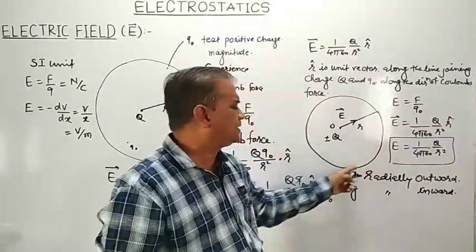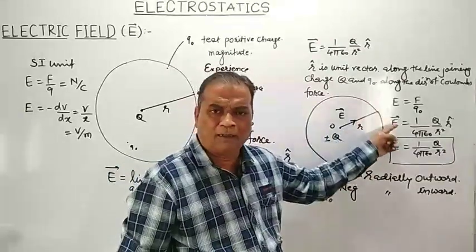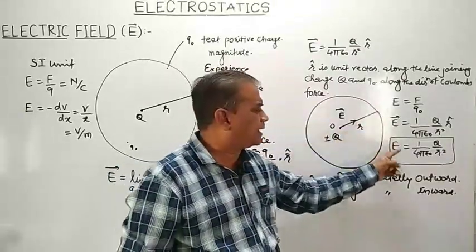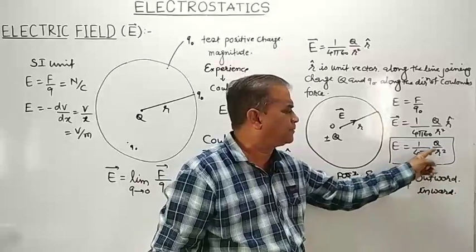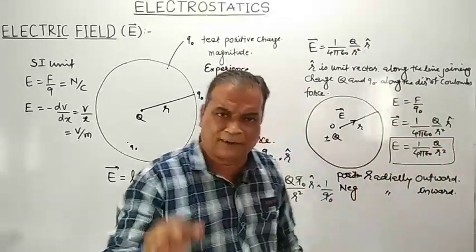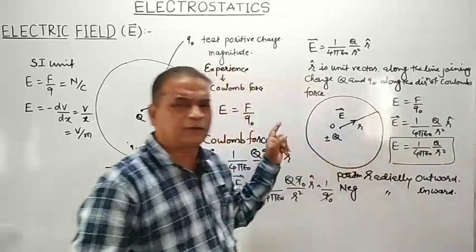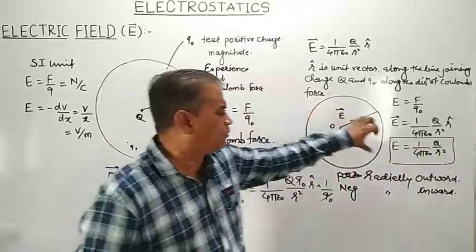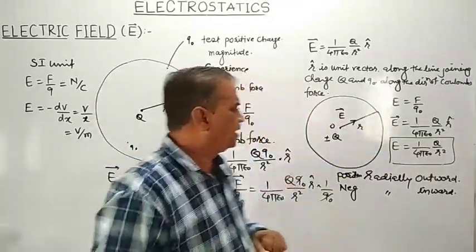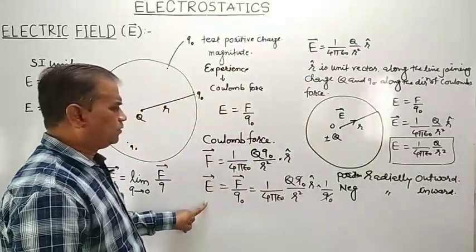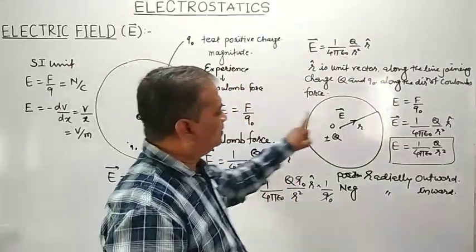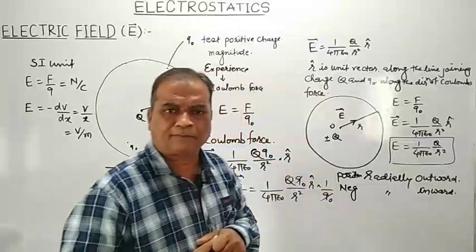That electric intensity at every point on that sphere of radius r is given by 1 upon 4 pi epsilon 0 q divided by r square. This is the magnitude of electric intensity at every point on the sphere, and everywhere it is found to be what? Same.